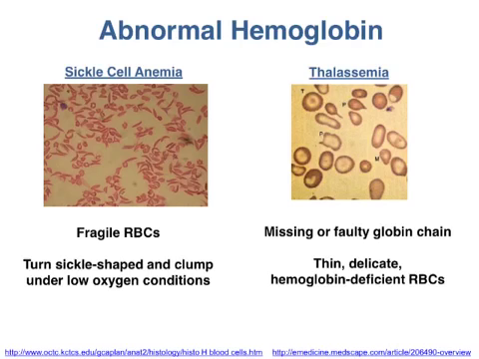Now, since hemoglobin is so vital to the function of red blood cells, and the function of red blood cells is so vital to your body, things can go pretty wrong when there's a mutation in hemoglobin, when a person's hemoglobin is abnormal. The term anemia is a more general term.